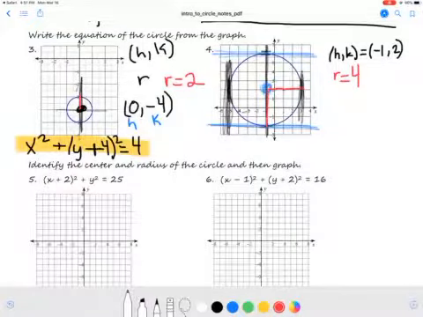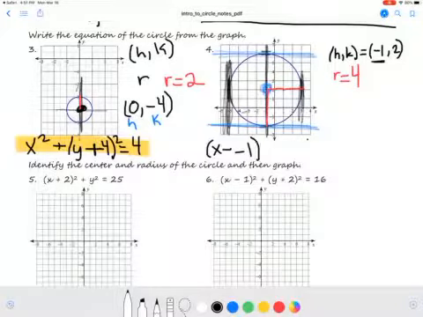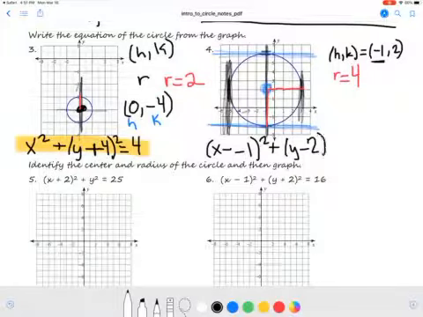And when I plug that in, I get, I'm sorry, not y equals, I am in algebra mode. Here we go. You get x minus my h, which is -1, minus -1, parentheses squared, plus y minus k, which is 2, parentheses squared, equals r squared.